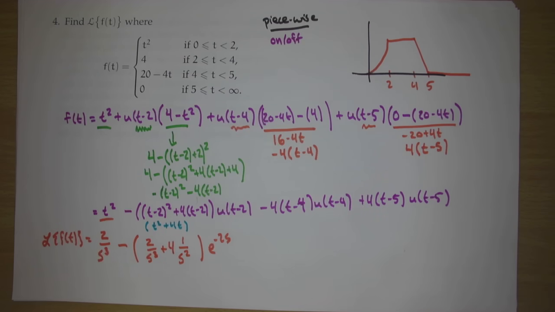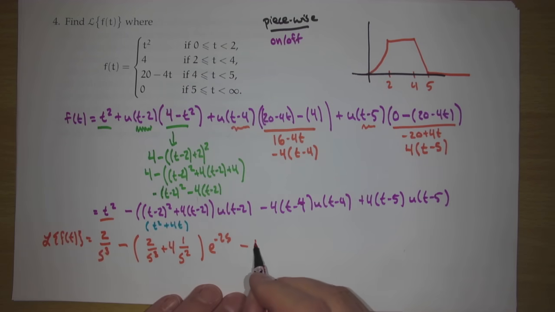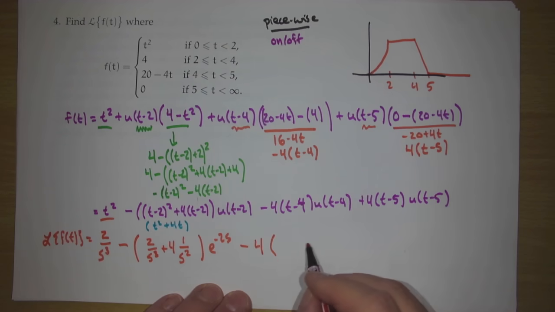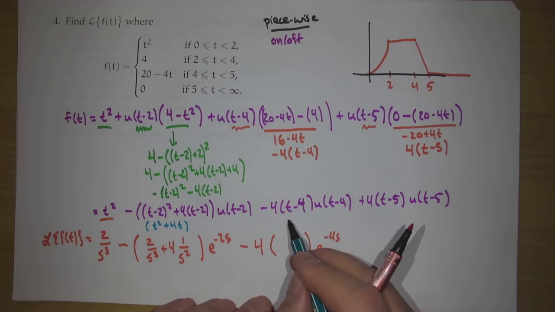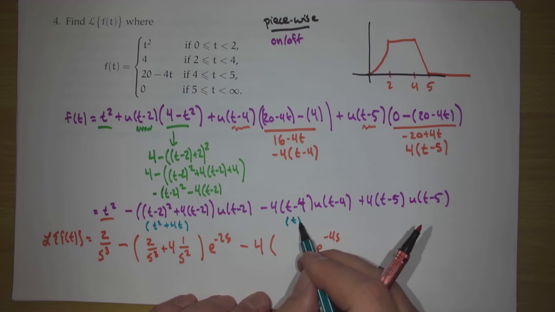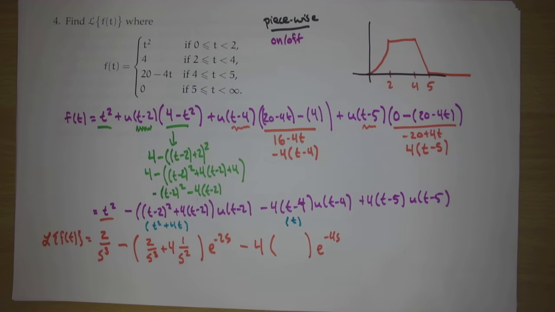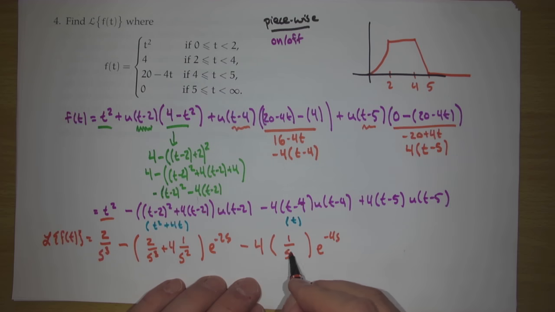All right. Now, minus 4. Okay. U of t minus 4, e to the minus 4s. This t minus 4, we say, think of this as t. And so the rule for t is 1 over s squared.